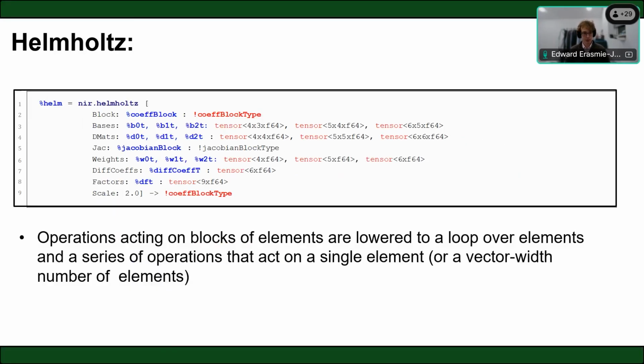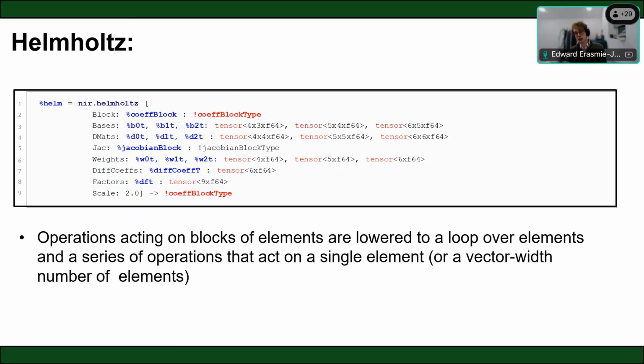In this case, the operation itself might be acting on blocks of elements, and our first lowering step will be to lower from an operation that acts on a block of elements to a loop over elements and a set of elemental operations.